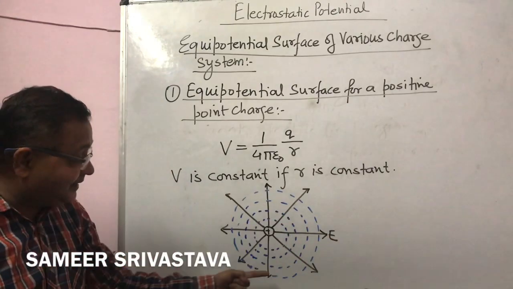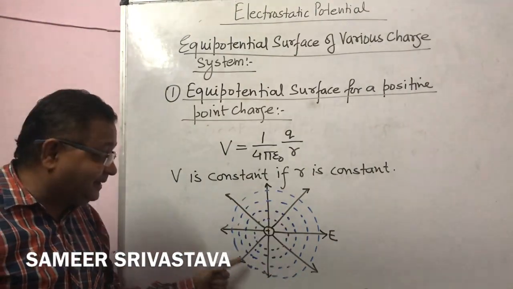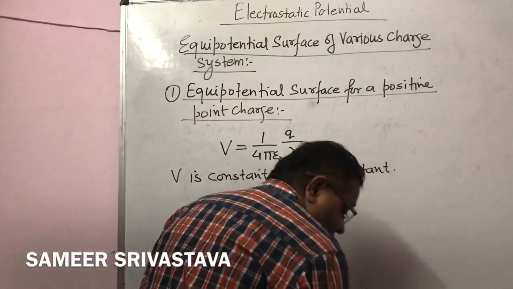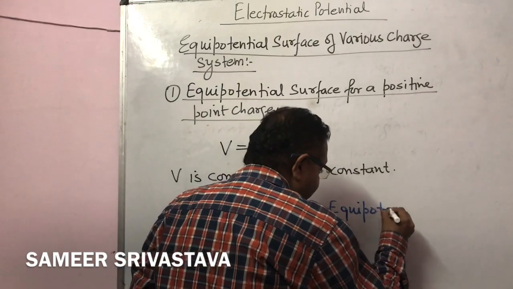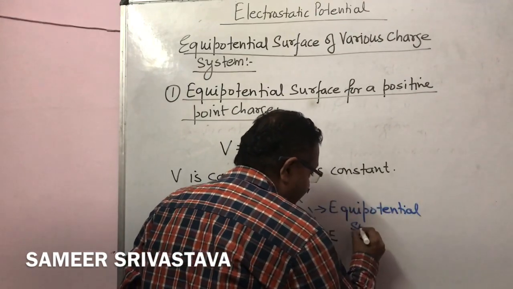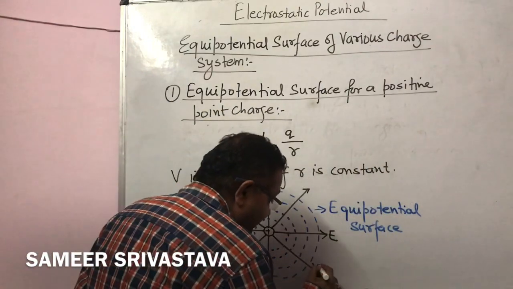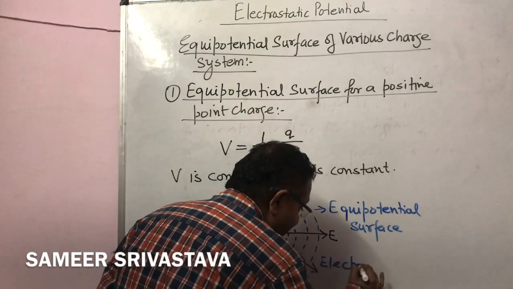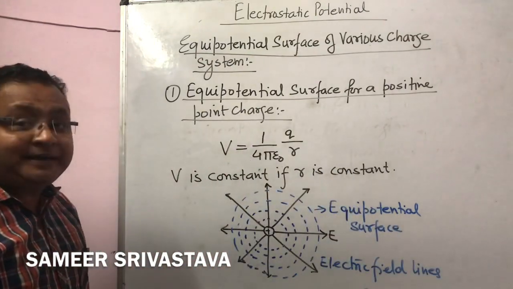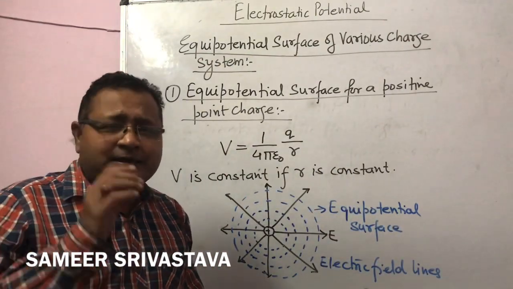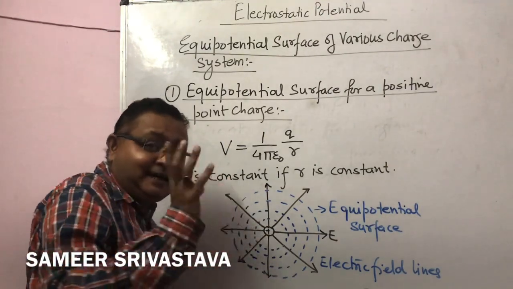In blue marker, these are the equipotential surfaces, and these are the electric field lines. So when you want to make an equipotential surface for a point charge, simply make concentric circles with the charge at the center.